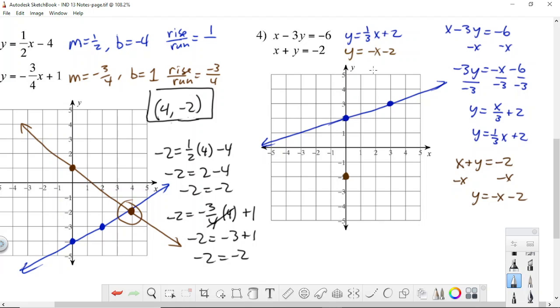When it's just a negative sign, there's of course a 1 there that we don't write down. So negative 1 is the slope. So the rise of negative 1, run of positive 1 gets us to there. We've got that one. And now we have that line.